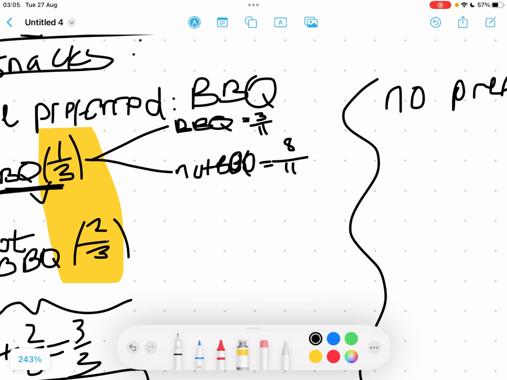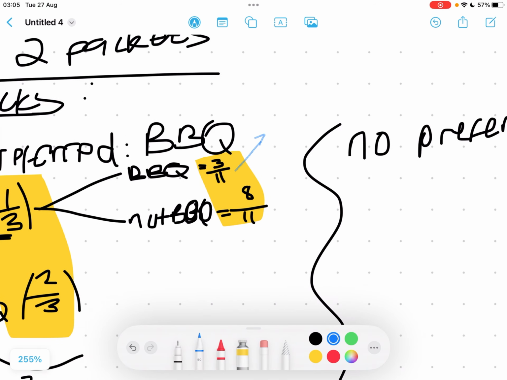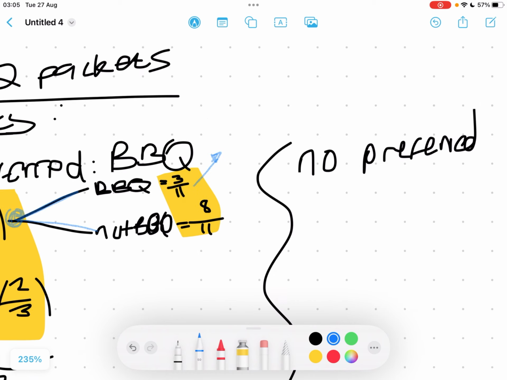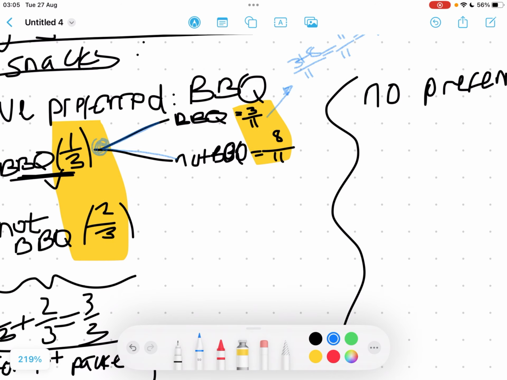To be sure my answer is correct and making sense according to mathematics, I have to check, from this tree branch, from this point, are all my probabilities equal to 1? So 3 plus 8 over 11 is equal to 11 over 11, which tells me that's okay. That means that my calculations are correct for this branch.